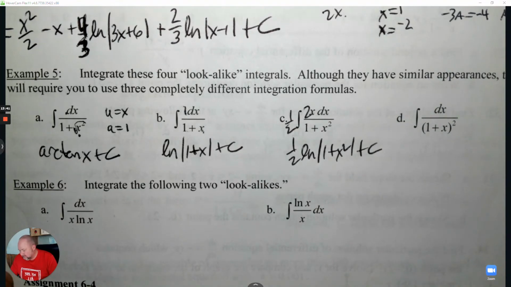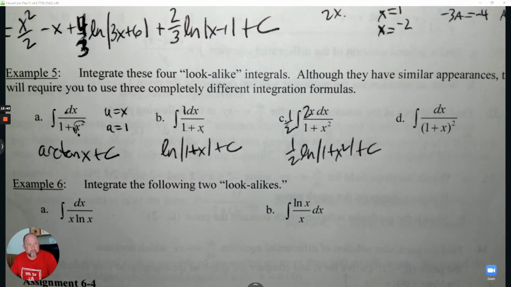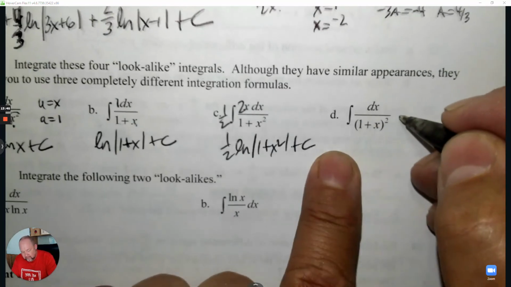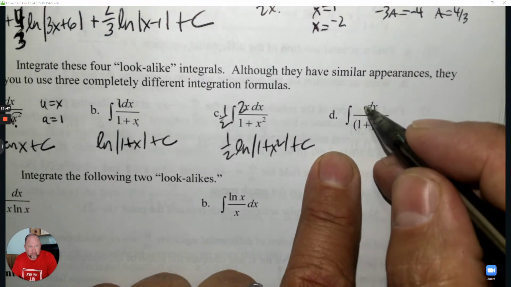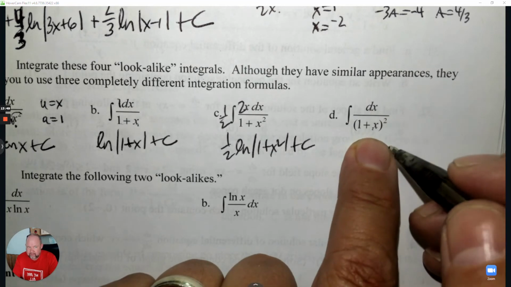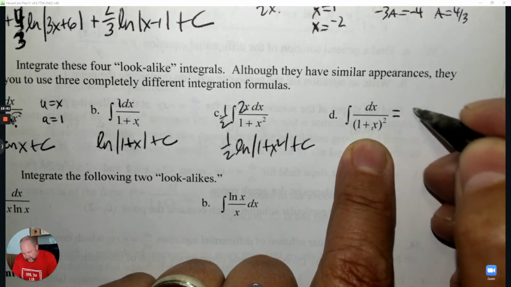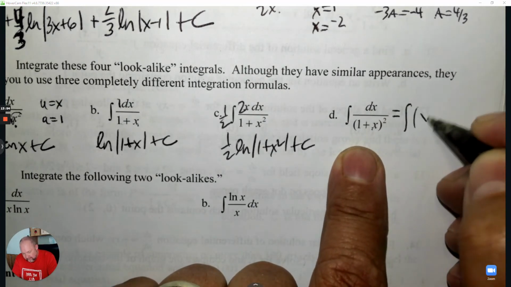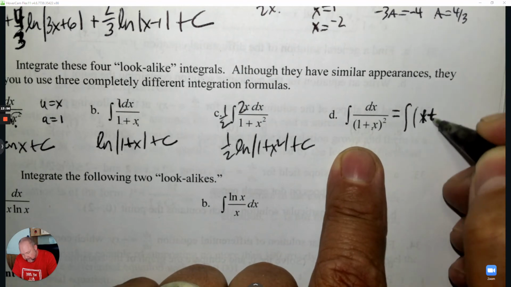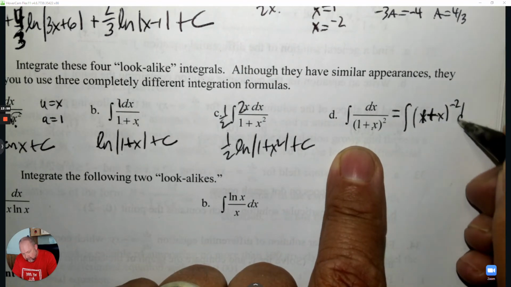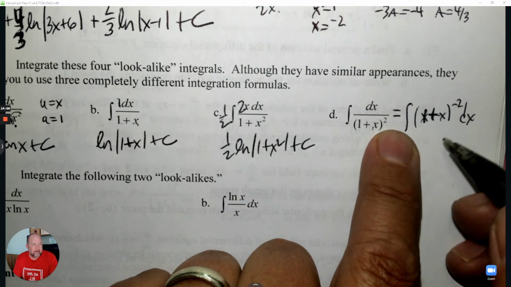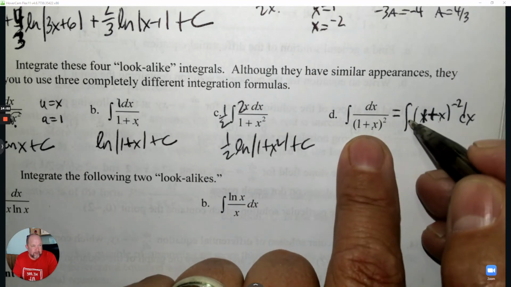And then d, write this calculus friendly. So the derivative of the bottom is not going to work. It's not in the form of arctangent. Instead, I'm going to write it calculus friendly. Oops, 1 plus x to the negative 2. The derivative of this is 1, which is there already.